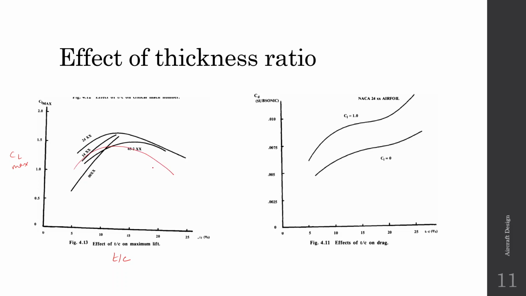Up to a point, you can increase the thickness ratio to get more lift, but after this point, even if you increase it, there is no benefit. In fact, there is a decrease in the lift, and the sweet spot is around 12 to 14%.